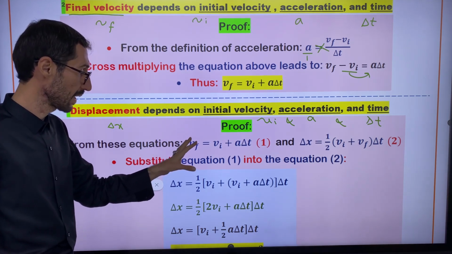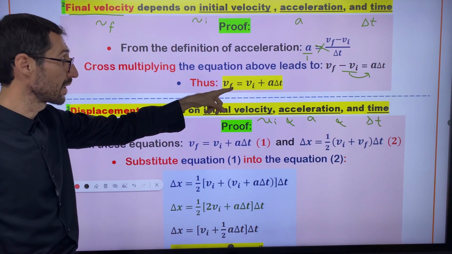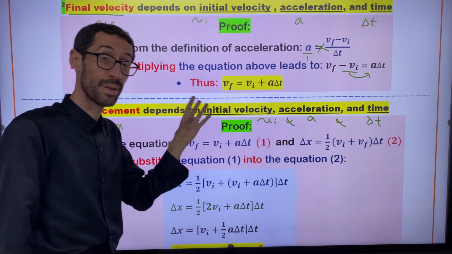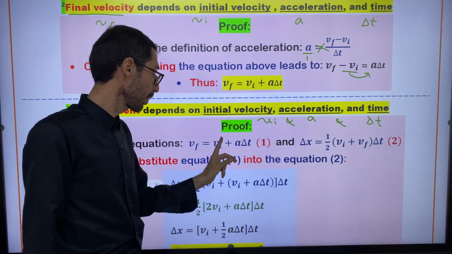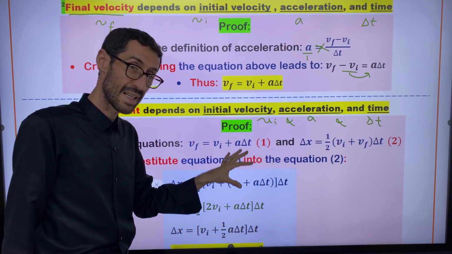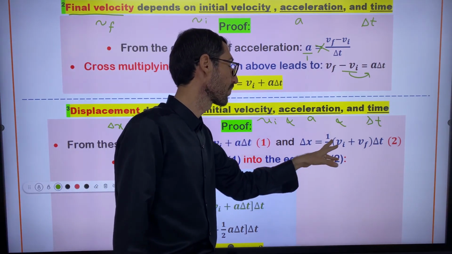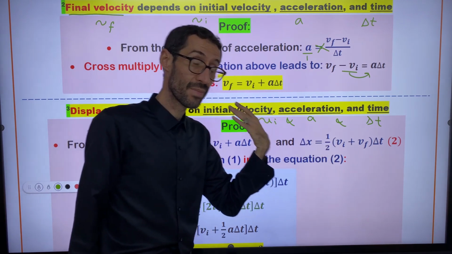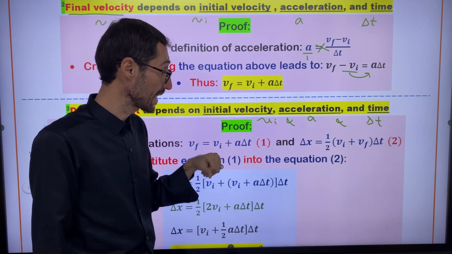The equation that we proved 2 or 3 minutes ago, v final is equal to v initial plus a delta t, we number as equation number one.